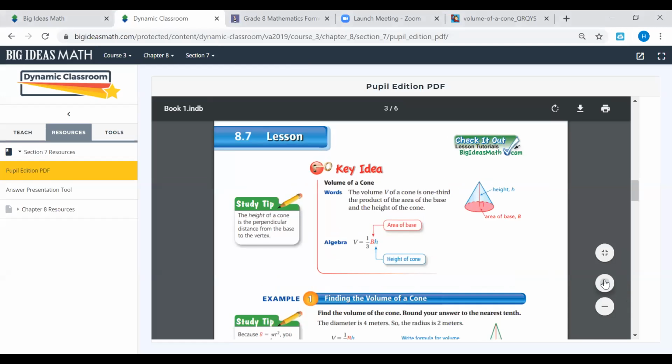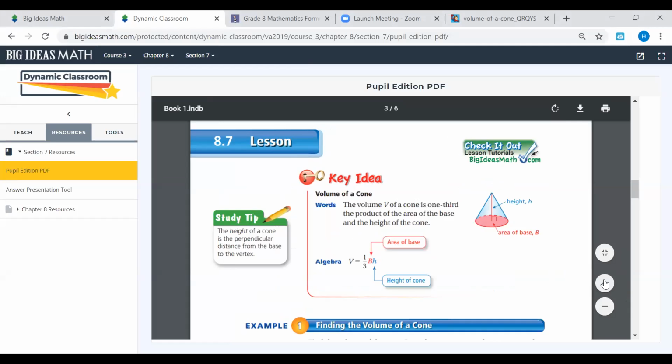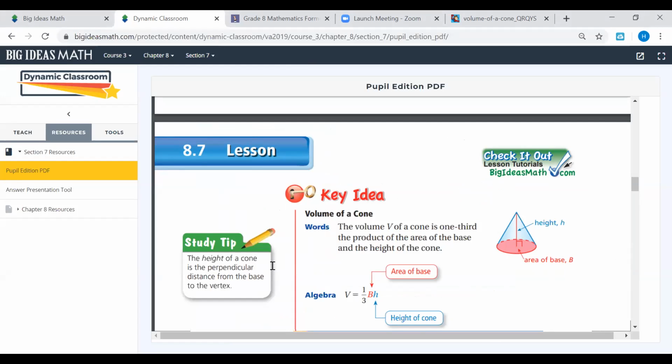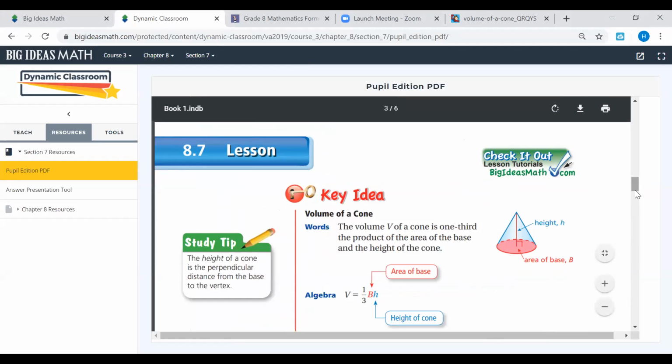On page 322, at the top, it says volume of a cone. The volume V of a cone is 1/3 the product of the area of the base and the height of the cone. Your first study tip is that the height of a cone is the perpendicular distance from the base to the vertex, and they have indicated that right here.